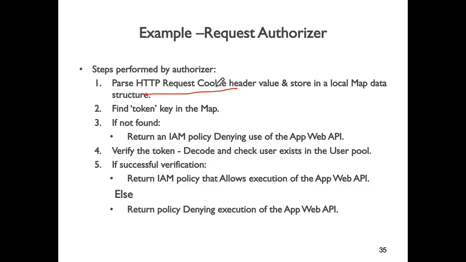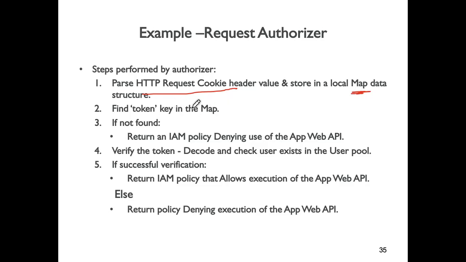So what I'm doing in the code is parsing this header and putting it into a local map structure. And we know a map is a set of key-value pairs. The authorizer Lambda is only interested in one of the entries in this map, the entry that has the key token.